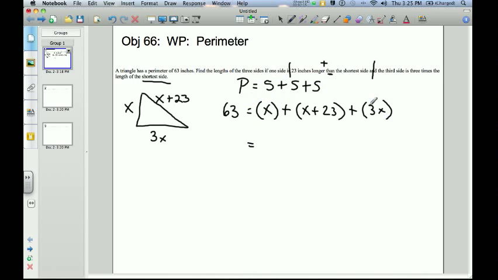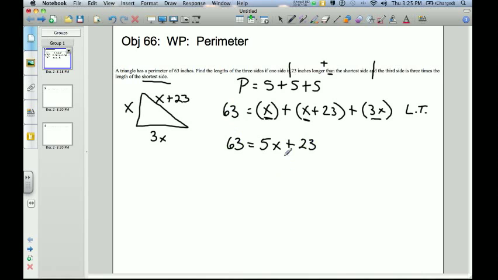So at this point, we're going to deal with our like terms. We have a 1x here, 1x here, and 3x's here. So I have 1 plus 3, which is going to give us 5x, plus our 23, because our 23 doesn't have any x's on it. And then I'm bringing down our 63.